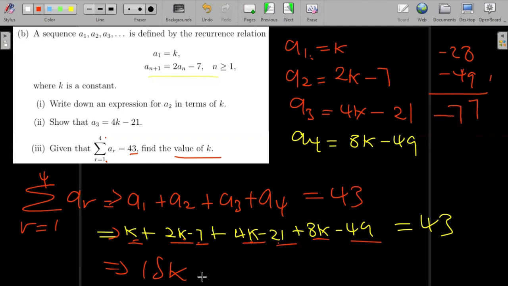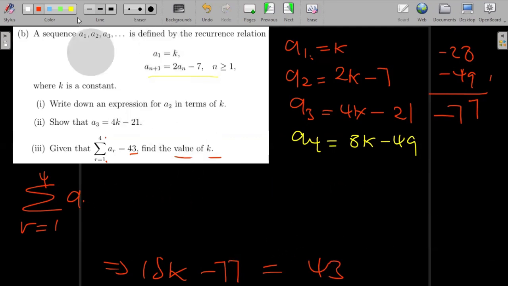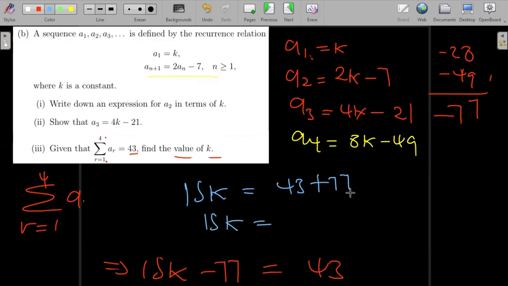So this will be minus 77 is equal to 43. Okay, so like terms together, so we can erase this part. We're going to say 15K is equal to 43 plus 77. So it will give us 120.